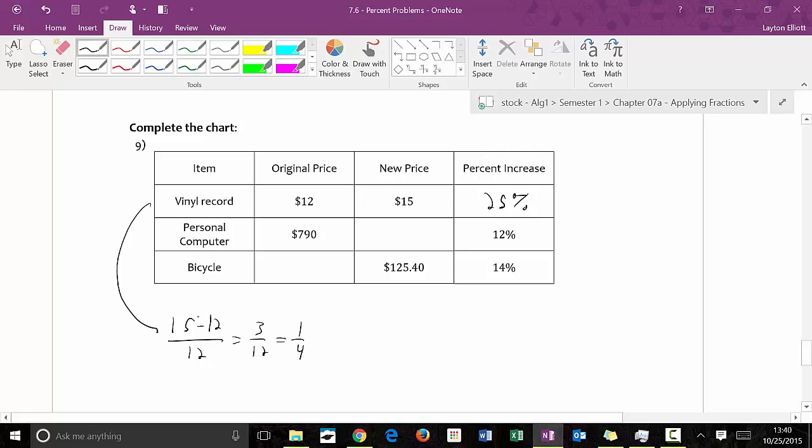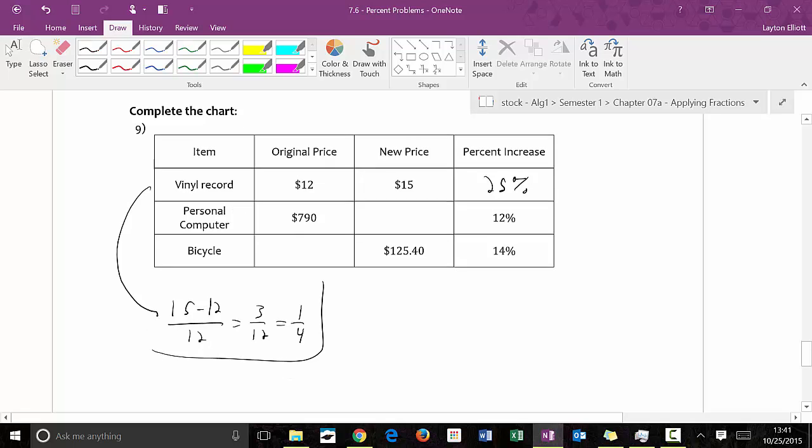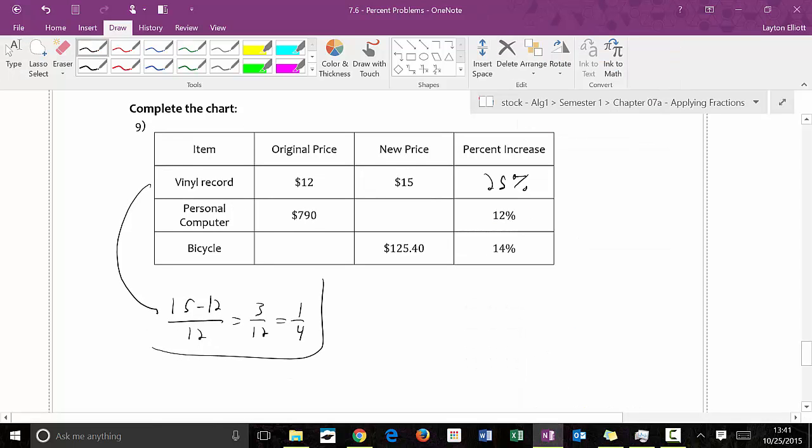Okay, now let's put that off to the side. Then I have a personal computer, original, new price. We'll call the new price, it's a percent increase, so increase is new. If I call that X, then I'm going to go new minus original over original is equal to 12%.